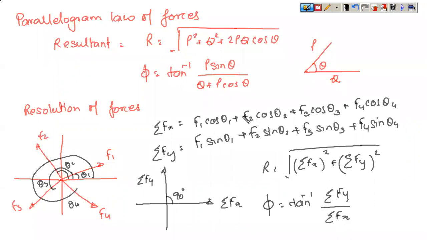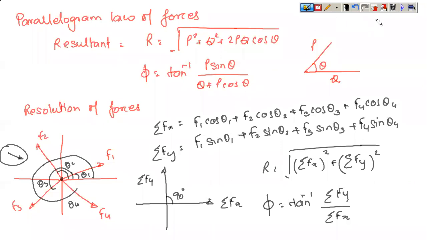Let us say that if you had another force acting like this, it would have been negative in nature. So first, all the forces are going outwards from the center, and second, theta is measured with respect to the positive x-axis. Then only this equation is true.